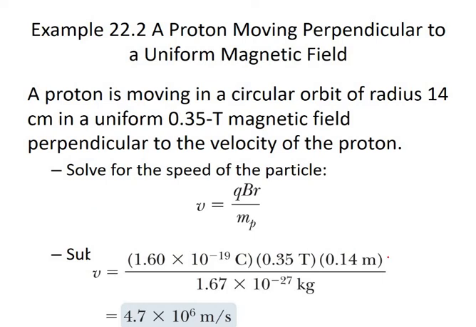In this case it is 0.14 meters, and then divided by the mass of a proton, which is 1.67 times 10 to the minus 27 kilograms. And here's the velocity of that proton moving along that magnetic field in a circular orbit.